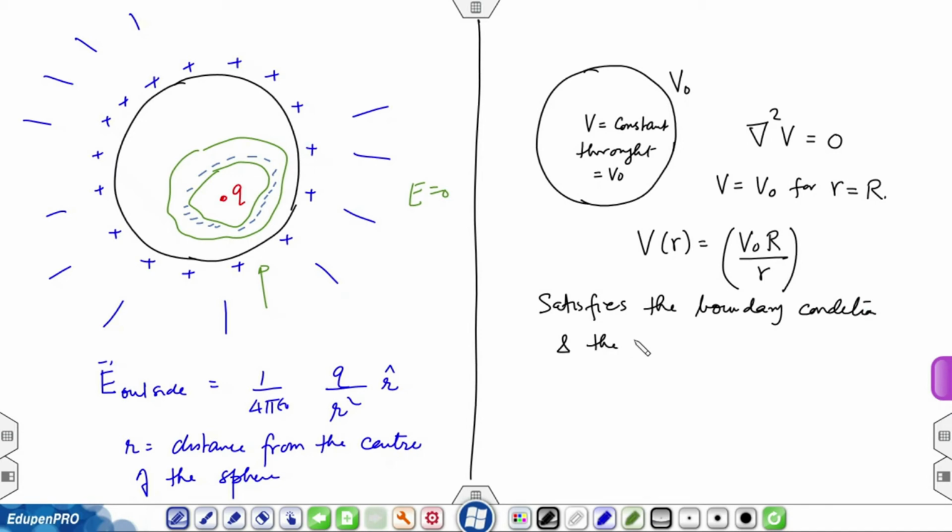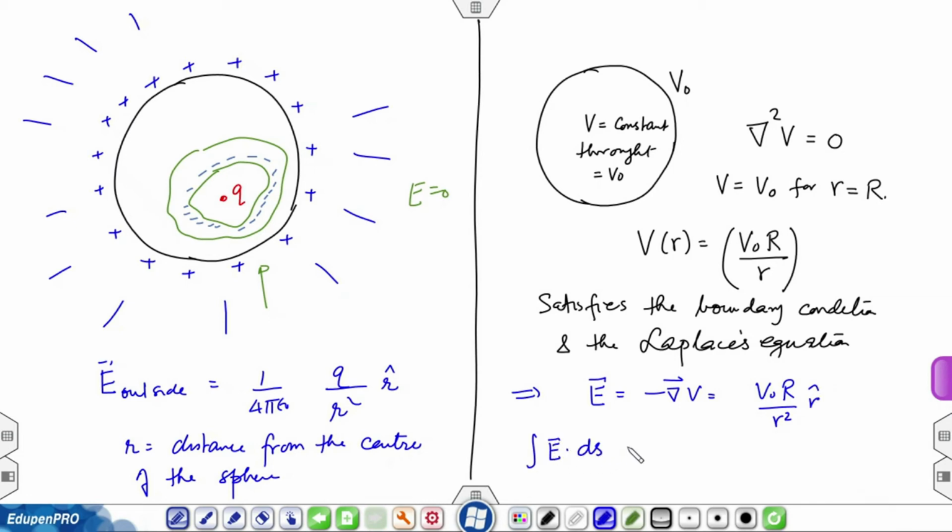And it satisfies Laplace's equation, and therefore, this is a unique solution, and this implies the field outside, which is minus grad V, is going to be V naught R over r square in the radial direction, and by Gauss's law, E dot dS is equal to q enclosed by epsilon 0, because charge enclosed anyway is q, gives V naught equals 1 over 4 pi epsilon 0 q over R, and the answer follows.